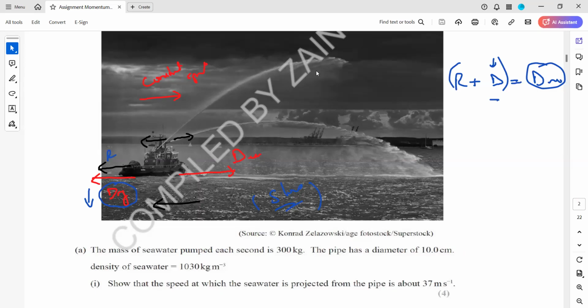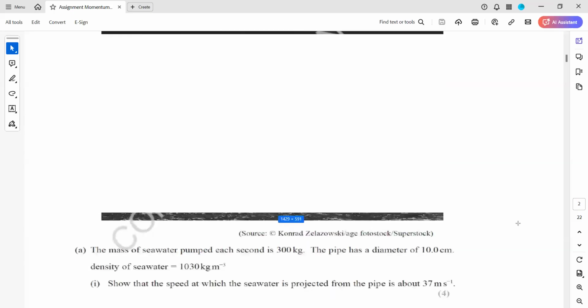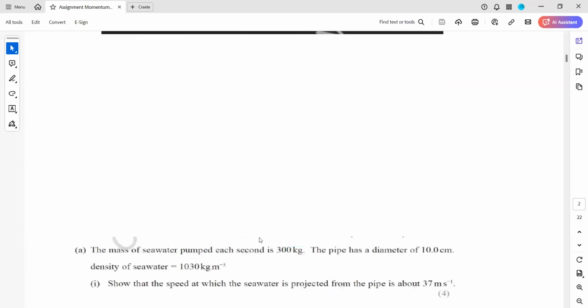The driving force is not decreasing, the resultant force is decreasing. So you have three cases for this one. First example, say this is a boat. You have the driving force, say 100 Newton.